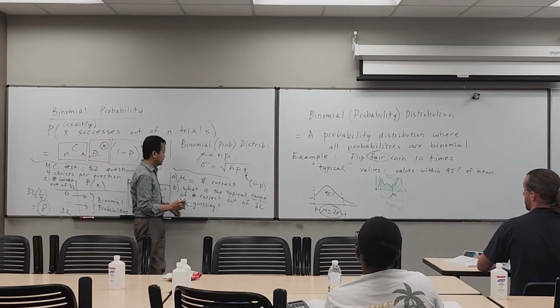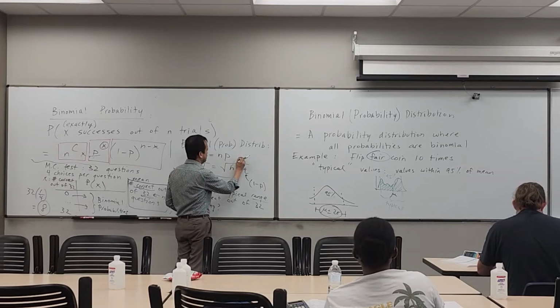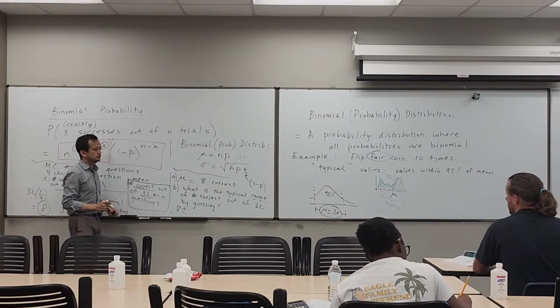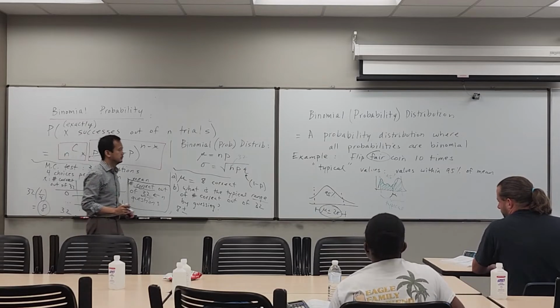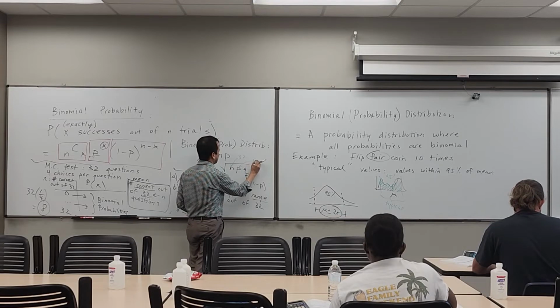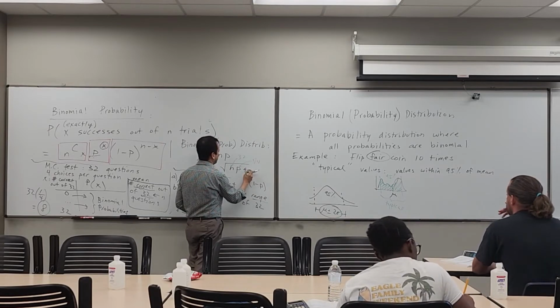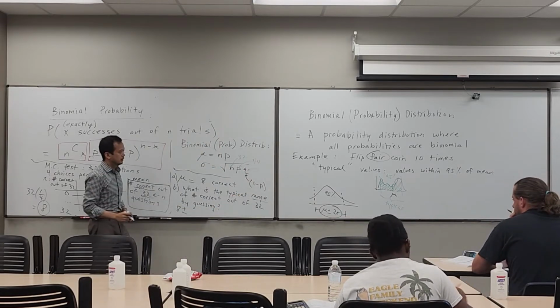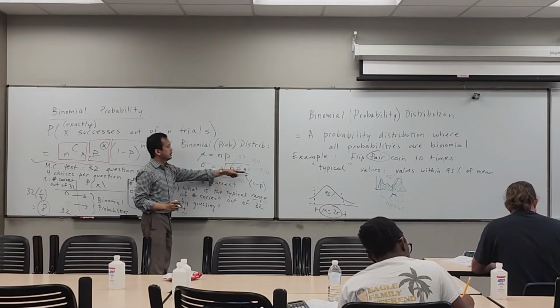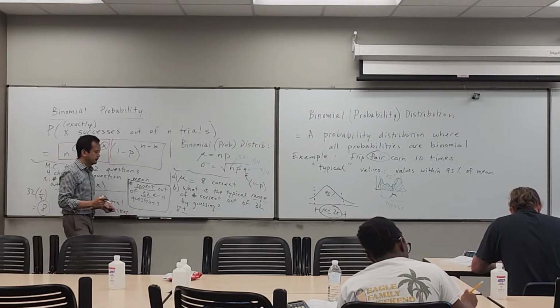It's 32. Yeah, n is 32. Use 1/4. Yeah, p is 1/4. And q is 3/4. So if you just multiply all these numbers and then take the square root, let me know what you think.